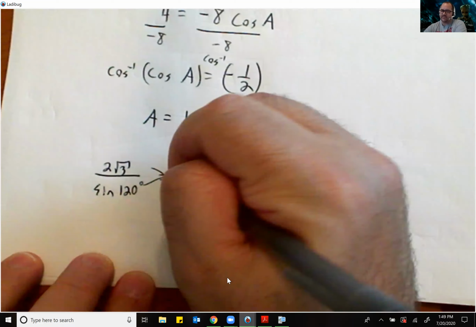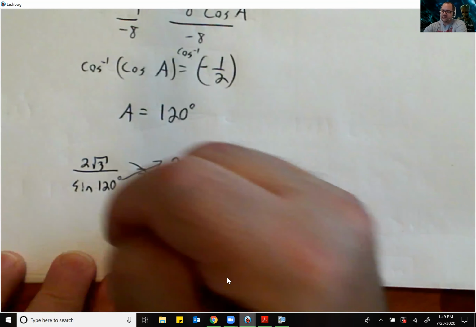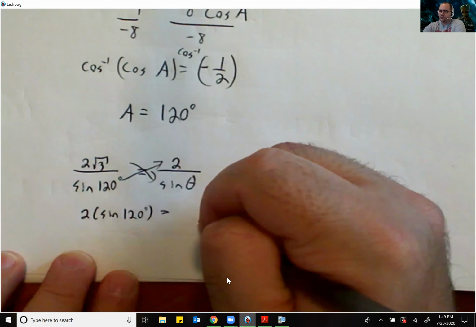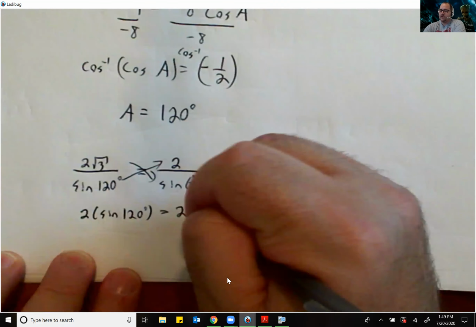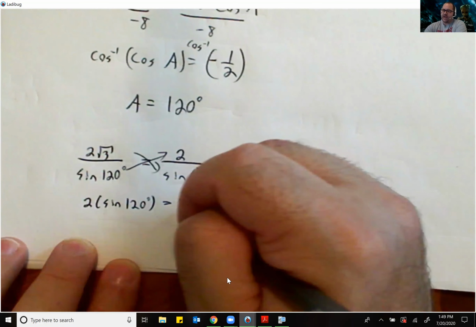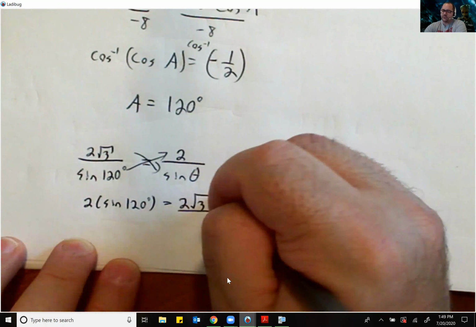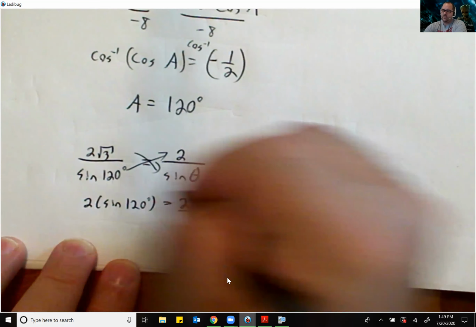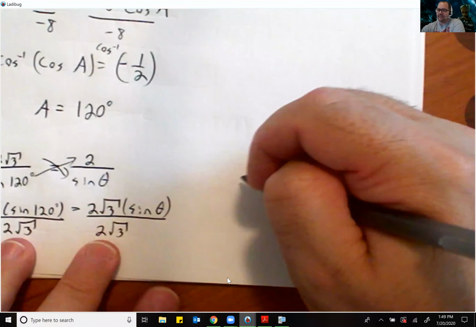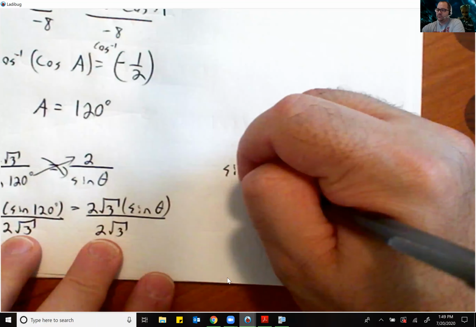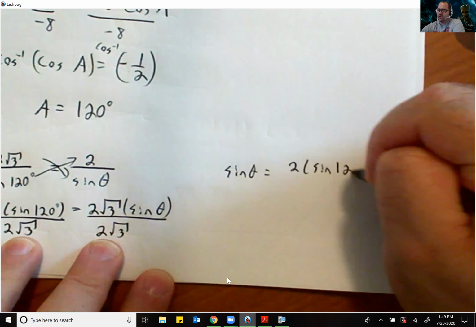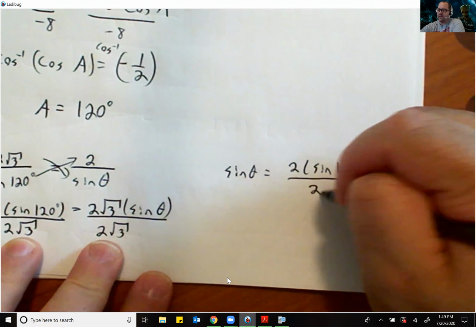That's going to give us 2 sine 120 degrees equal to 2 square roots of 3 sine theta. Divide by 2 square roots of 3. And now we know that sine theta is equal to 2 sine 120 degrees all over 2 square roots of 3.